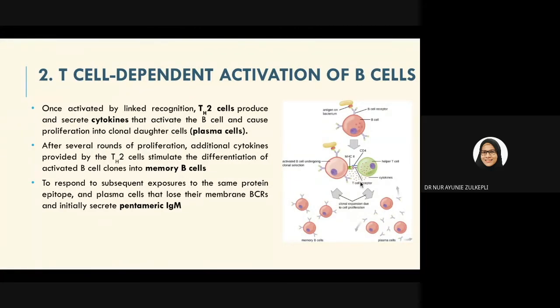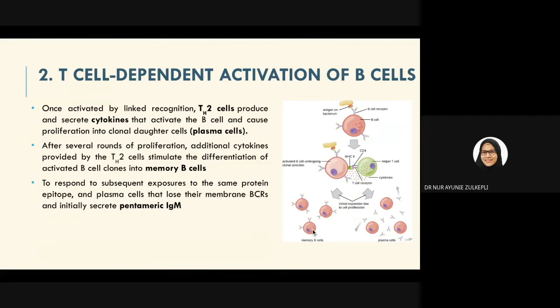And if you remember, cytokines are involved in an autocrine mechanism, which initiates the B cell to proliferate itself and become plasma cells, the clonal daughter cells. Also, the release of cytokines will initiate the B cells to form, or produce, the memory B cells.